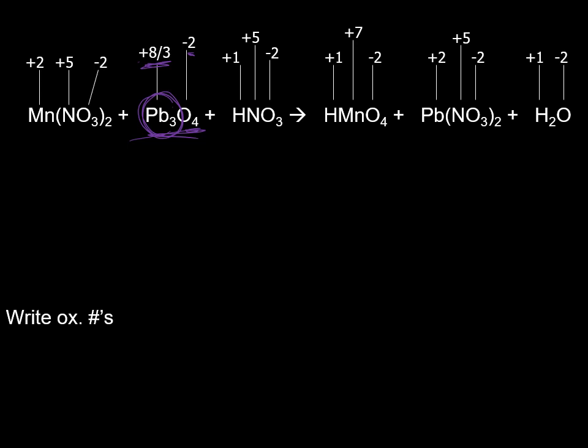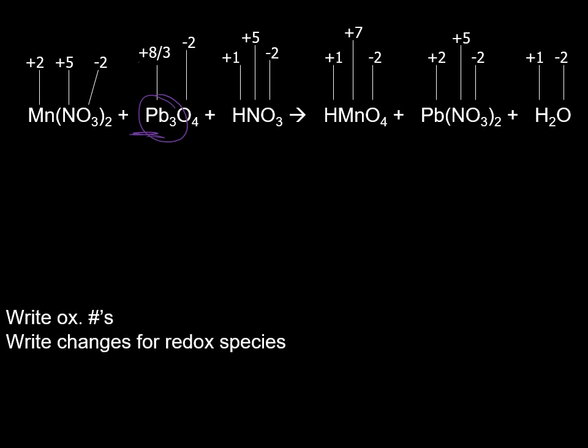So that looks odd, and again, you can't have 8/3 electrons, but oxidation numbers aren't an actual value. They are an arbitrary system used to track the electrons. So we can use that as a temporary measure of the electrons until we actually get the coefficient. So we're going to have a coefficient in front, and then we can actually talk about the actual number of electrons for that entire species.